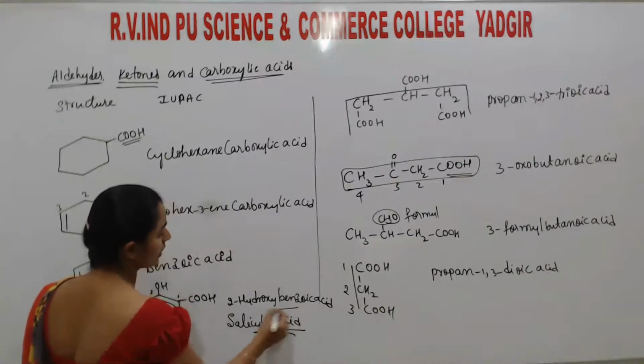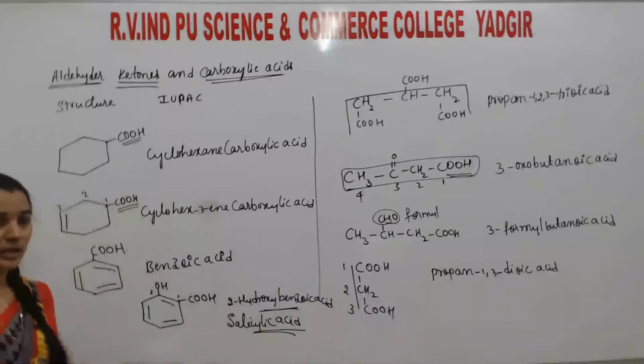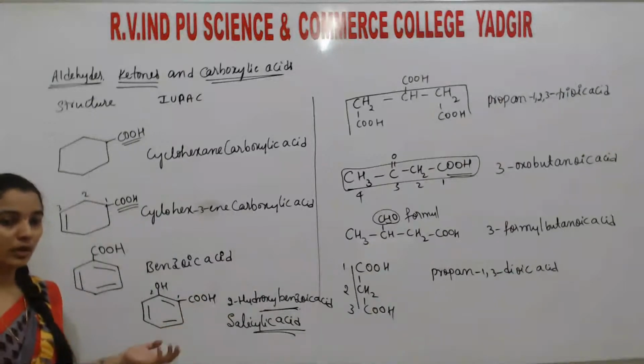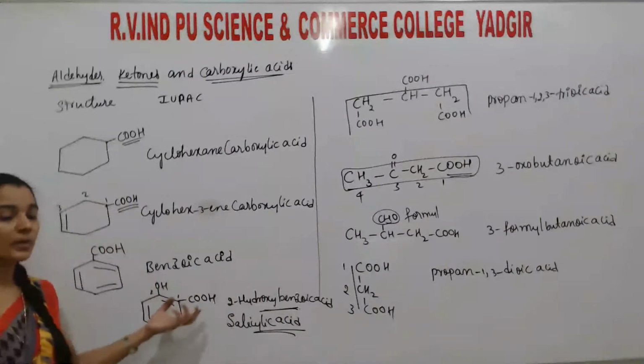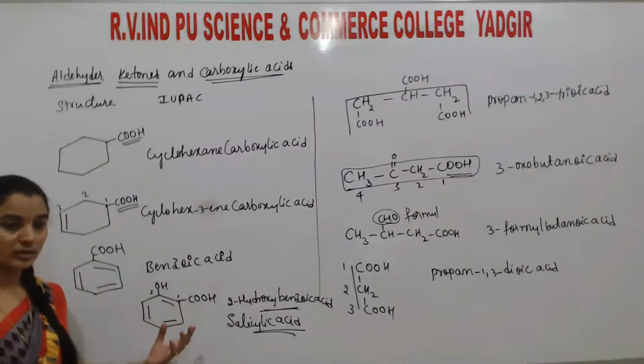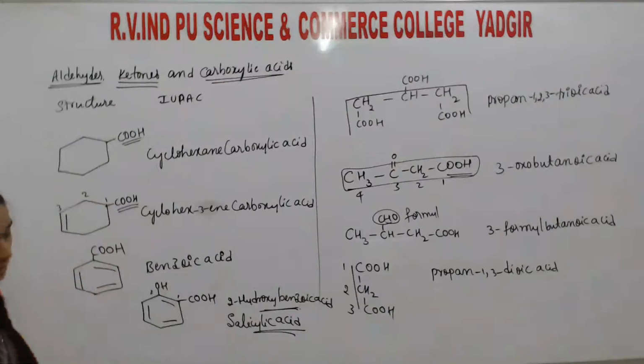But the IUPAC name is most important. 2-hydroxy benzoic acid. If Br is there, then with respect to that position, 4-bromo, 3-bromo, okay, bromobenzoic acid, iodobenzoic acid, nitrobenzoic acid, formyl benzoic acid. Okay, like that, the nomenclature is to be done.